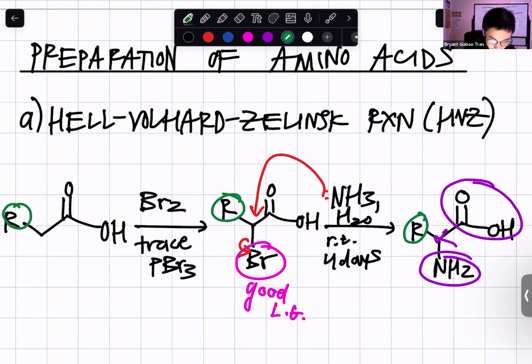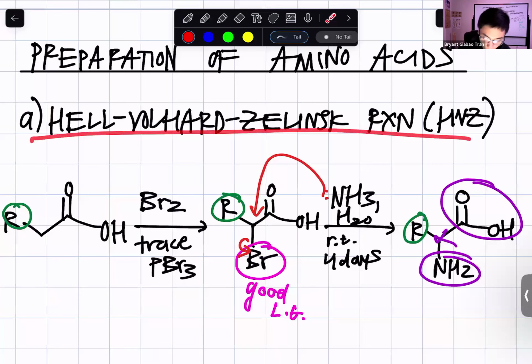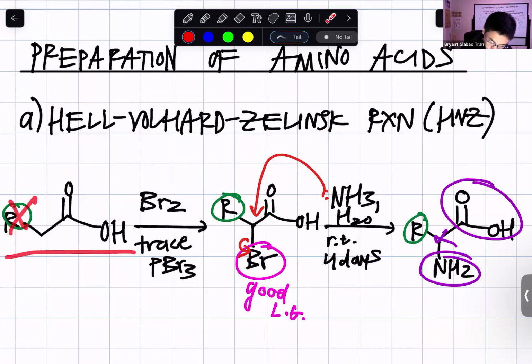The R group here is already given to you in the reactant. So this HVZ reaction will form an amino acid, but if they give you the carboxylic acid to begin with, you can't change the R group. There is another reaction where you get to choose what the R group is, which is the Gabriel synthesis.